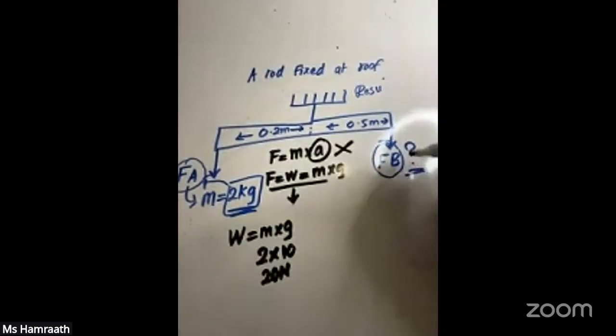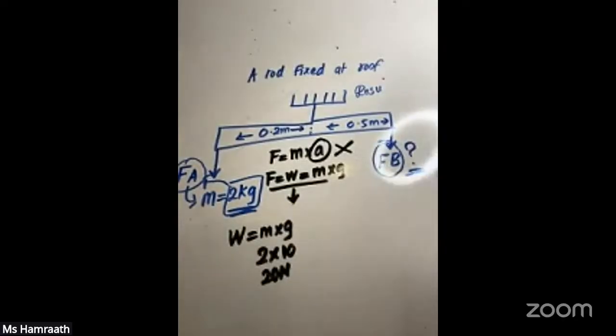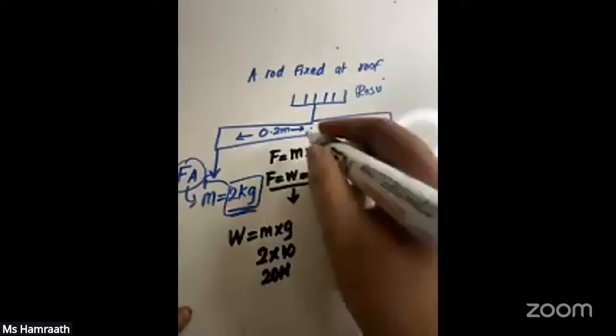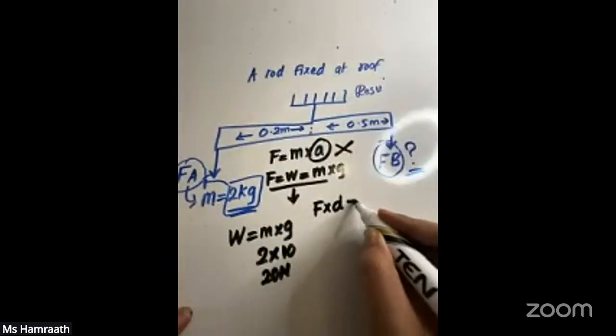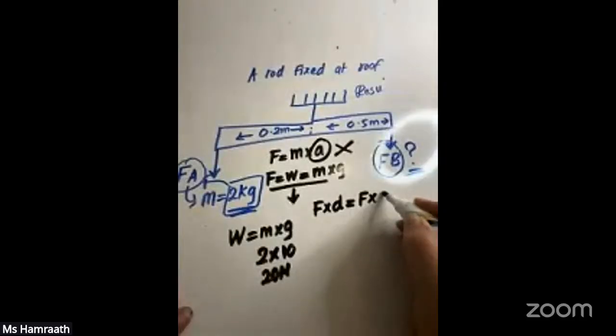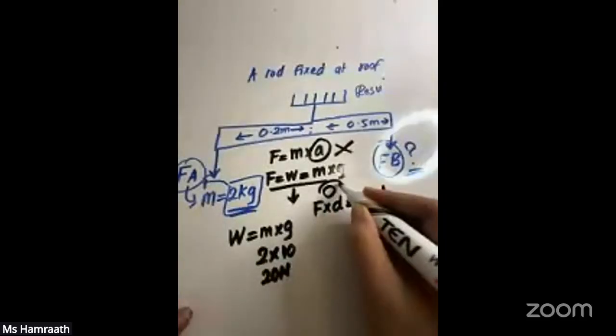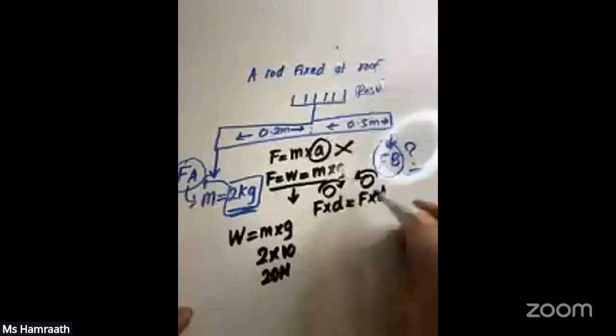Then can't I find the force at B? I can. How can I find it? Simply use force into distance equals force into distance, because the clockwise moment is equal to the anti-clockwise moment.